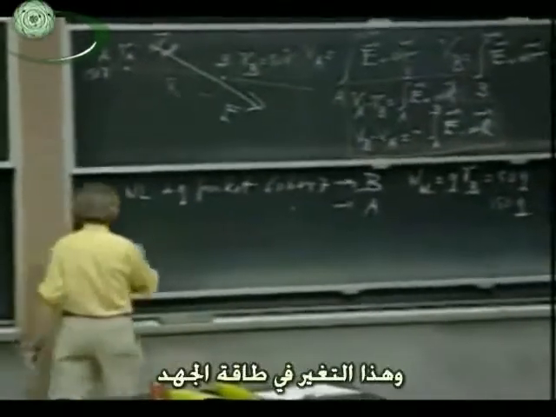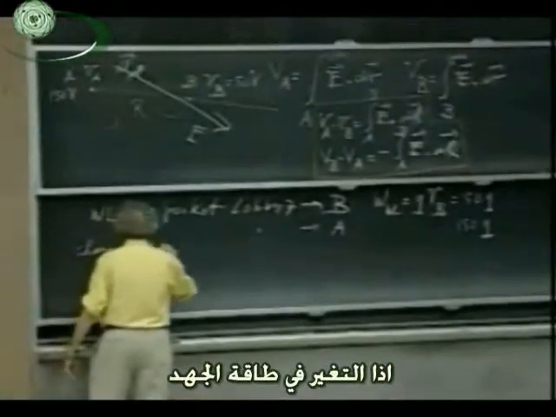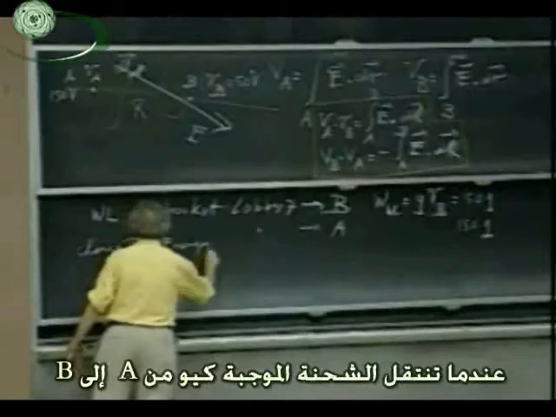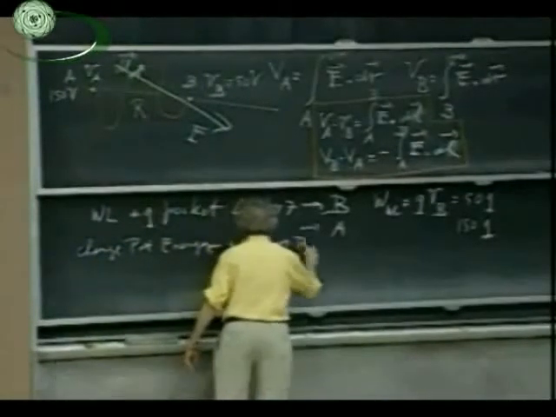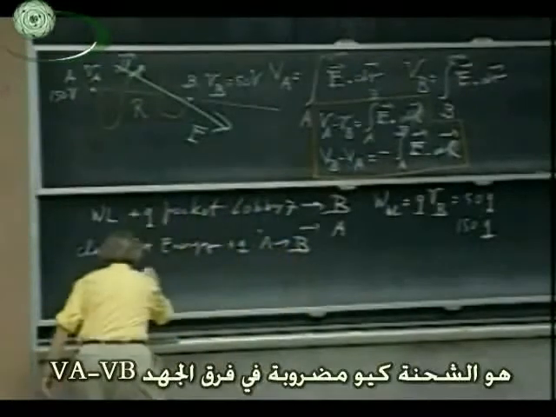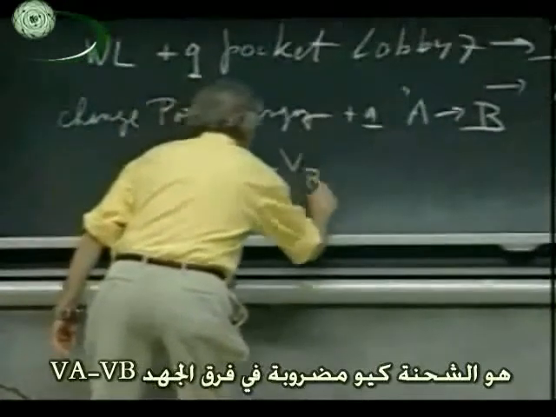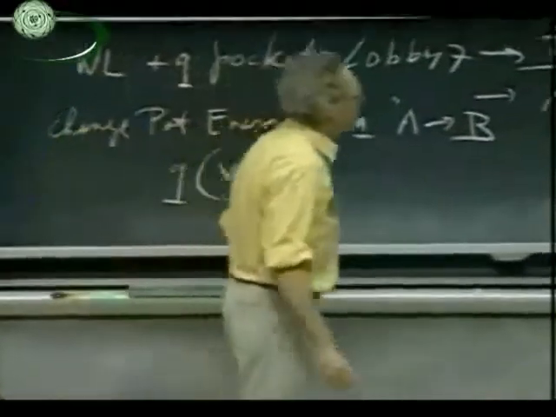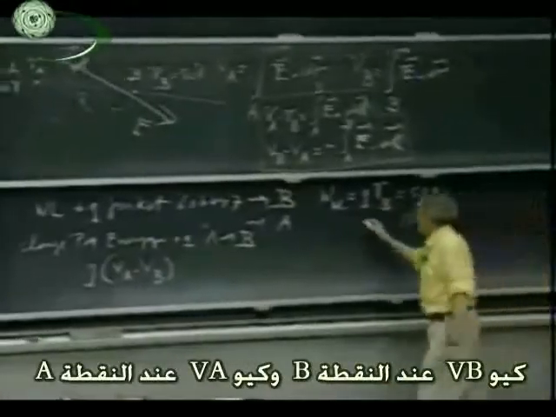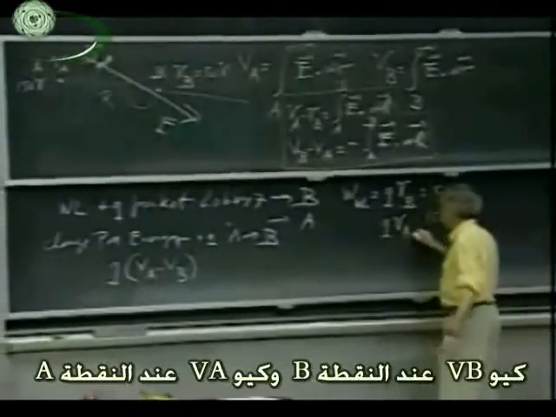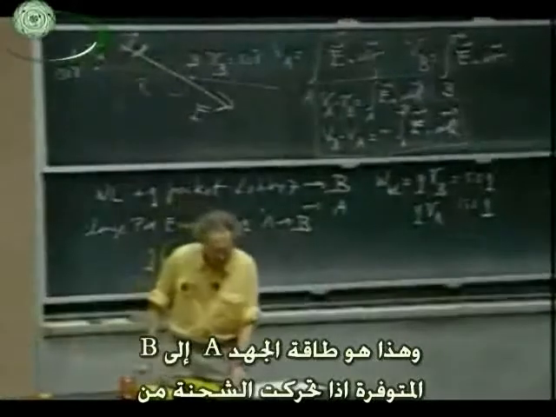And that change in potential energy, when the plus Q charge goes from A to B, is Q times VA minus VB. QVB at point B and QVA at point A. So this is the potential energy that is in principle available if the charge moves from A to B.